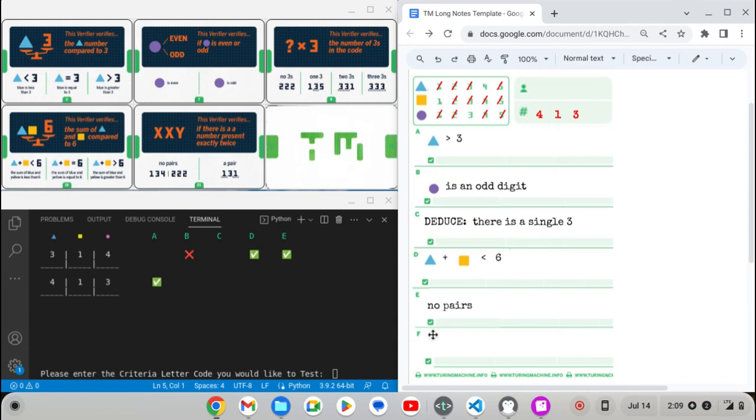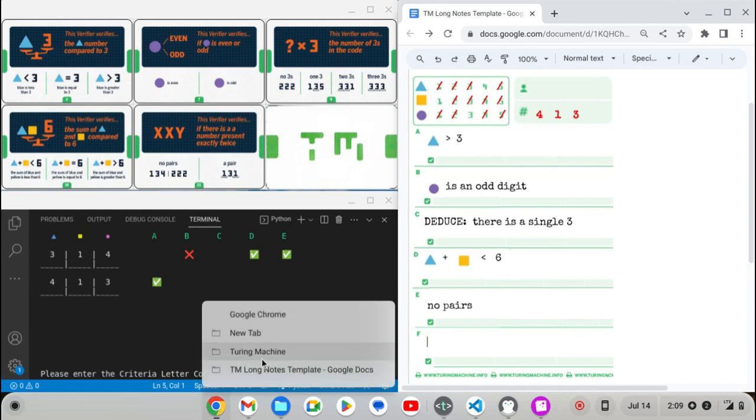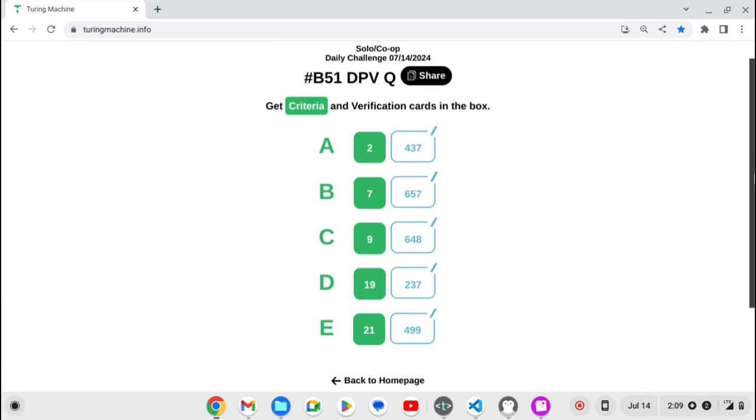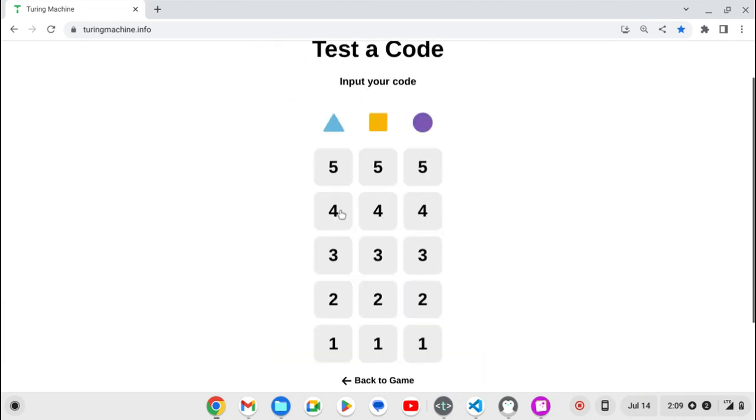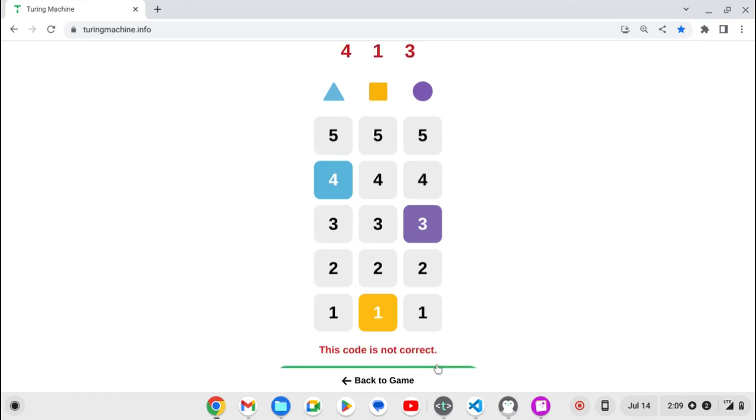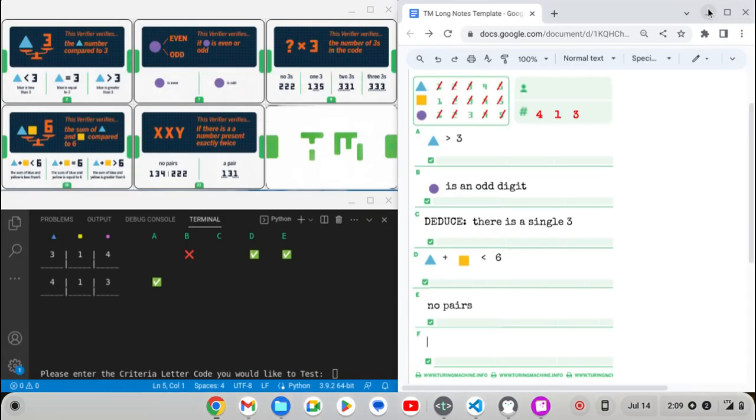So let's actually go verify on turingmachine.info our solution of 413. No, oh wow, it is not 413. Where did I make my mistake? It has to be 41.